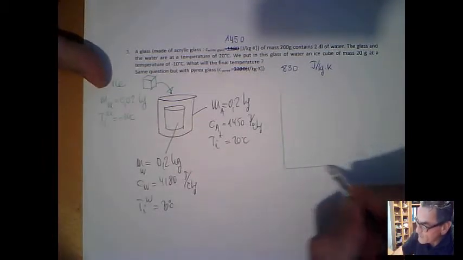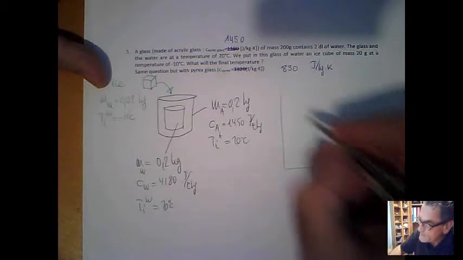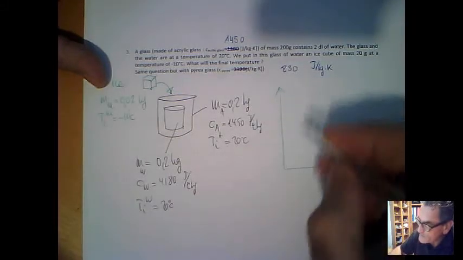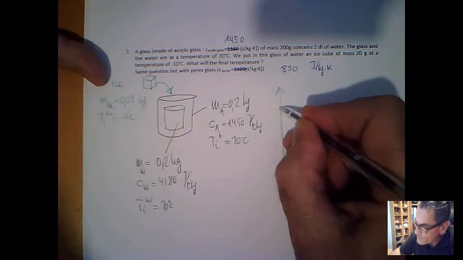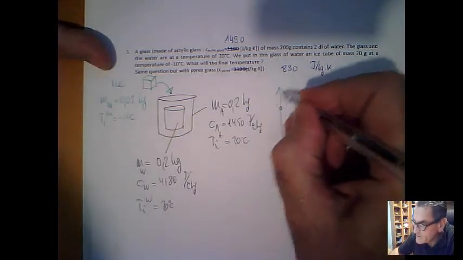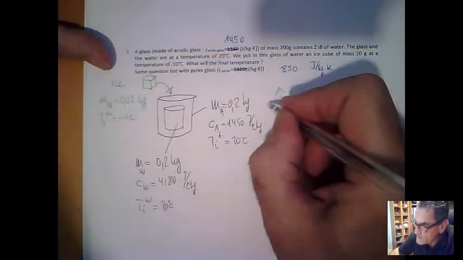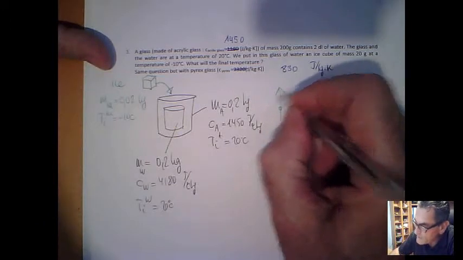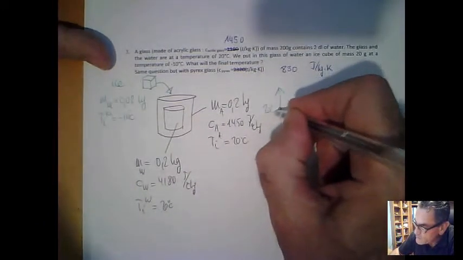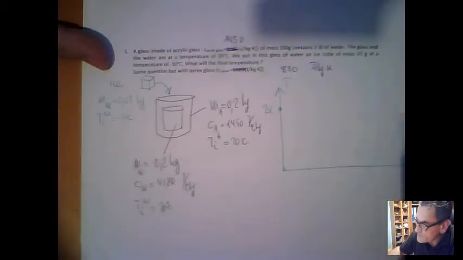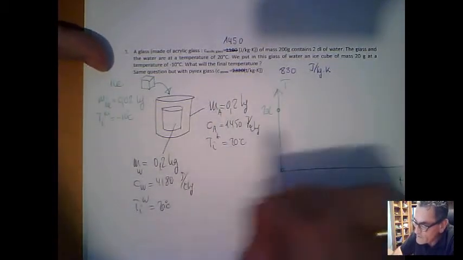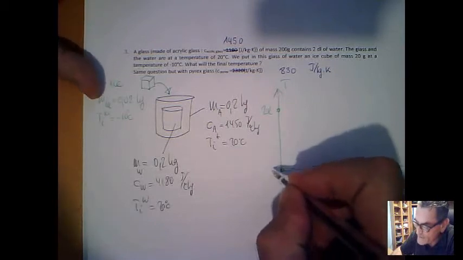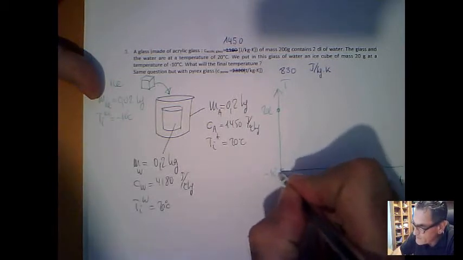And let's do our diagram as usual. So we have water at 20 degrees. This is temperature as a function of time. And together with that, we have ice at minus 10 degrees.